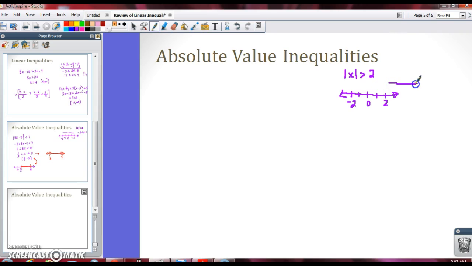That means I'm talking about everything out here and everything out here, because I'm more than 2 units away from 0. So I have to account for both of those: x is less than -2, or x is greater than +2.